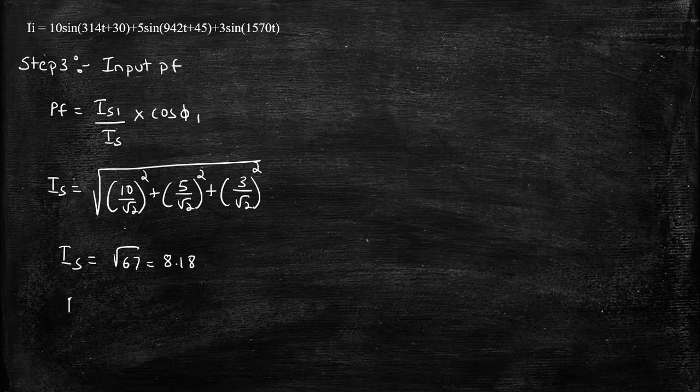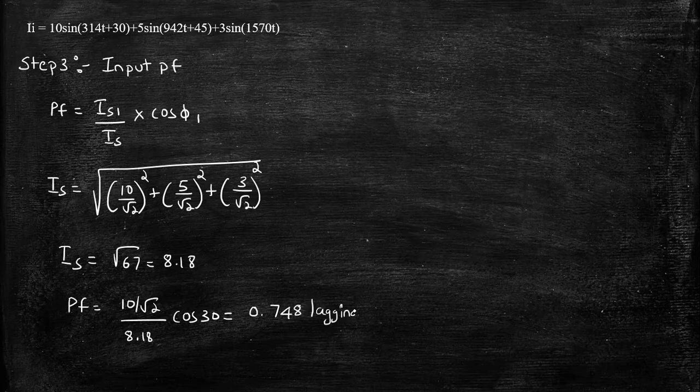Now when you substitute the values, you get the power factor equal to 10 divided by root 2, divided by 8.18, into cos 30. You will get the input power factor equal to 0.748 lagging. Remember this point, lagging is very important. If you don't mention this, then this value will not have any significance.